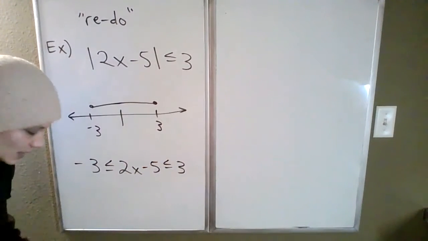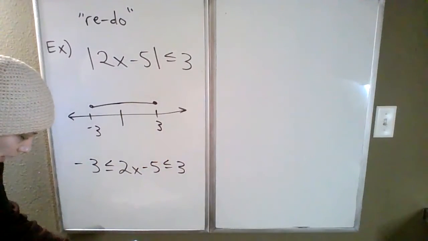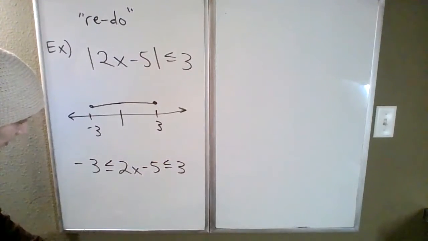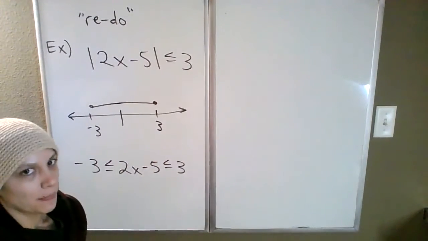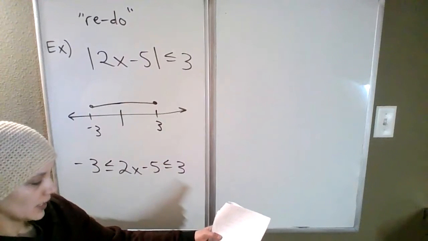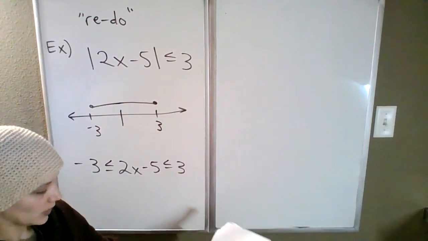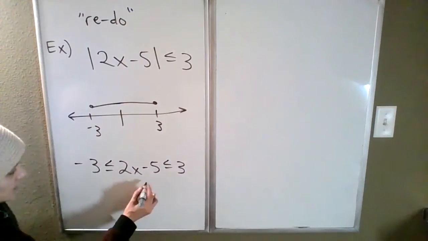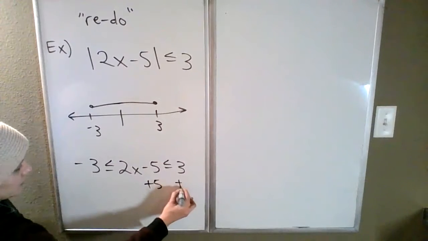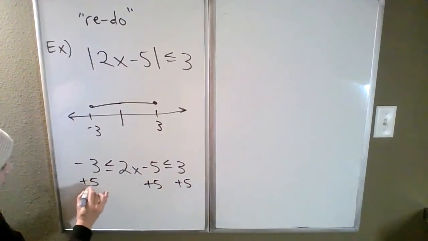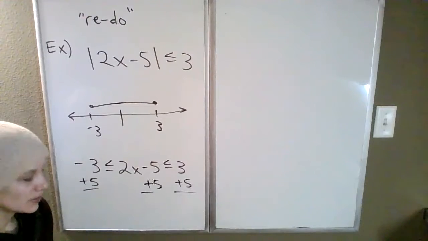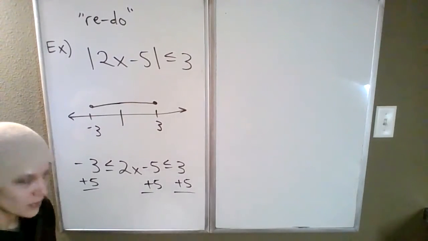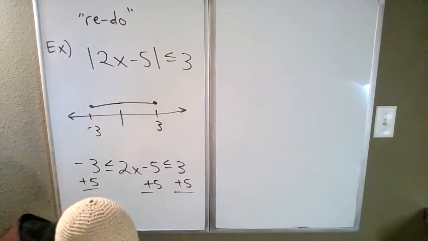Okay, no, we did the right thing. I just made a mistake in my packet. Oh, no. Here it is. So that part's correct, but it's when we do the next step, we want to add 5. I think I subtracted 5 last time. I don't know, something went off from what I have written down.